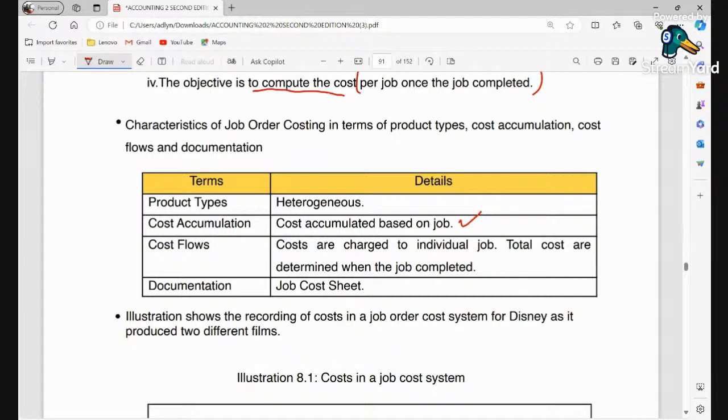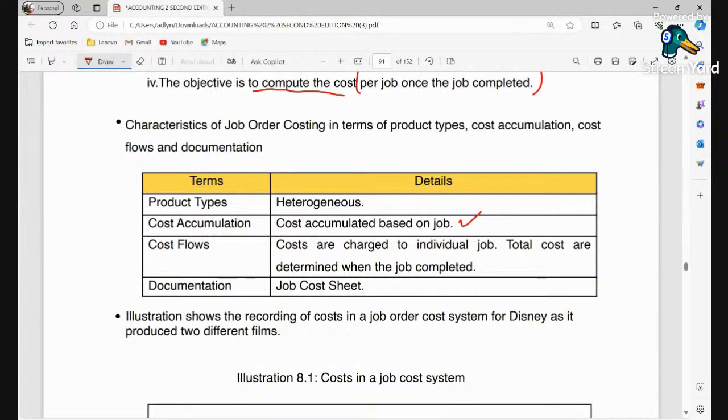So that means Haikal will bear a different price compared to Lokman, sebab apa yang kita buat untuk tempahan Lokman will be different from Haikal in terms of design, materials, and quantity as well. Sebab tu walaupun dia adalah wedding card, it's a custom made wedding card, so for different wedding, cost yang dikira adalah berbeza ikut requirements pelanggan.